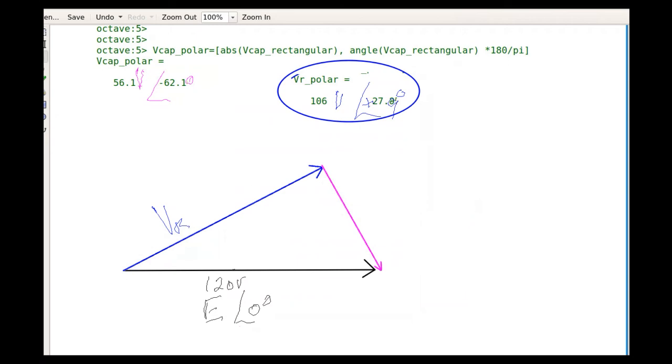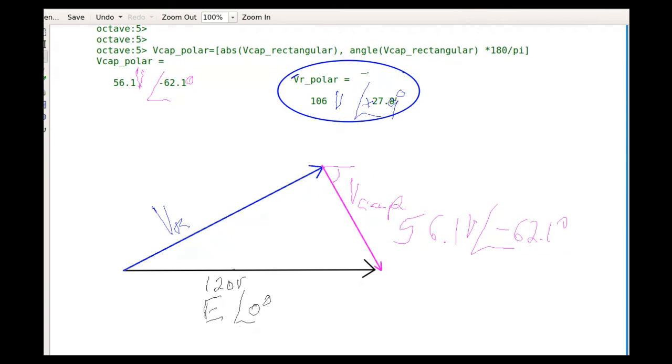All right, so then this guy over here is V cap, which was 56.1 volts at an angle of minus 62.1 degrees. So this angle here, I can't draw a straight line, but this is that angle, minus 62, right here.